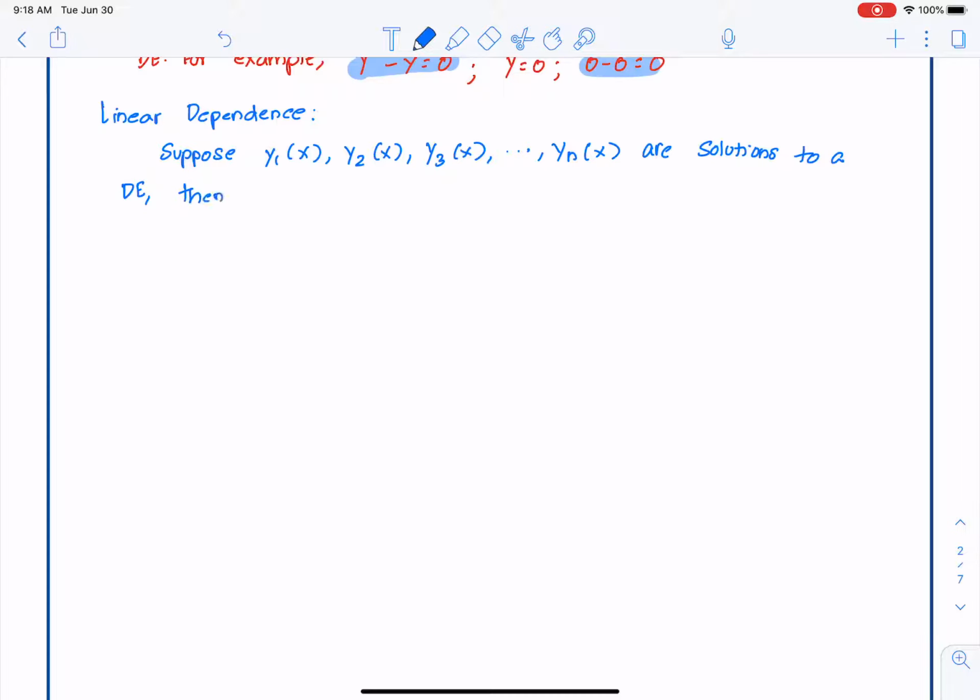Then we know from the superposition principle y of x equals c1 y1 of x plus c2 y2 of x plus c3 y3 of x all the way up to cn yn of x. Now that is the superposition principle.